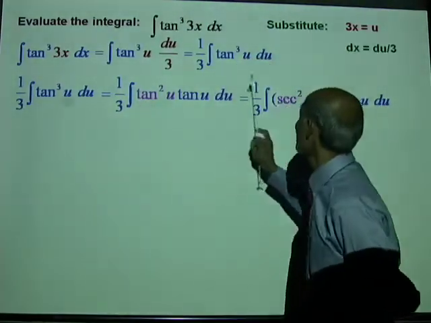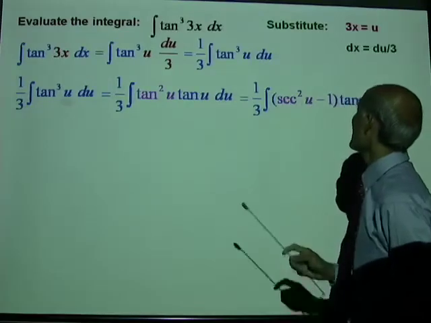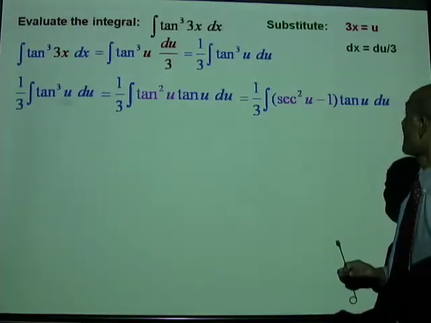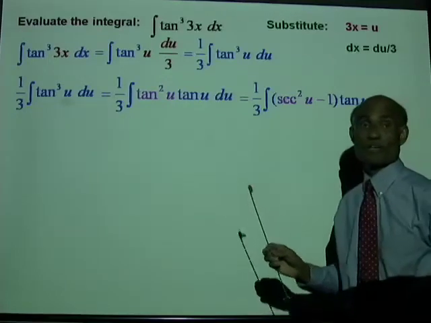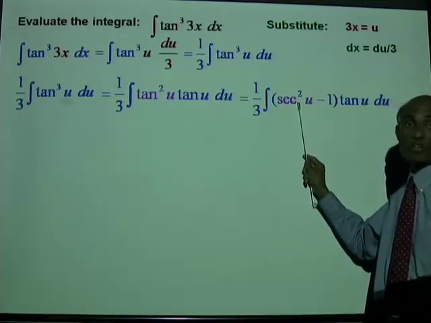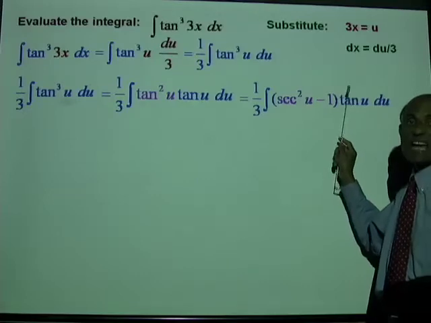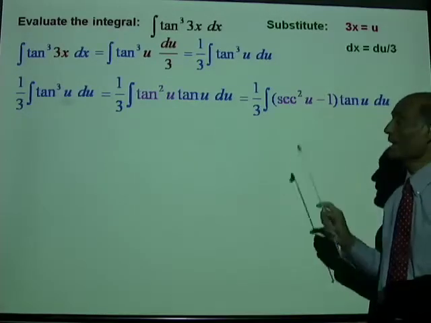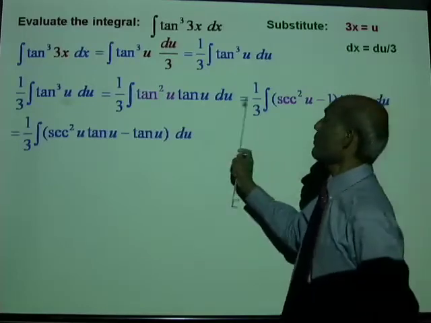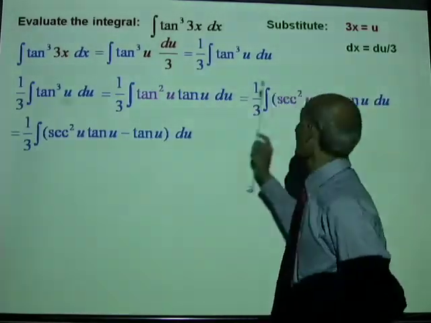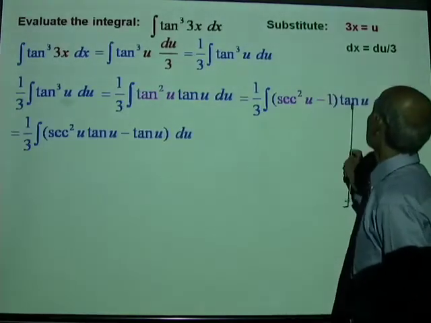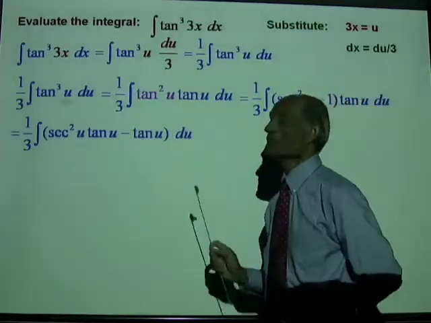So tan squared u is secant squared u minus 1. Well, that's now simple. It looks simple because you can integrate tan u secant squared u. Is that right? Now let's distribute that. That will be 1/3 integral of secant squared u tan u minus tan u du.